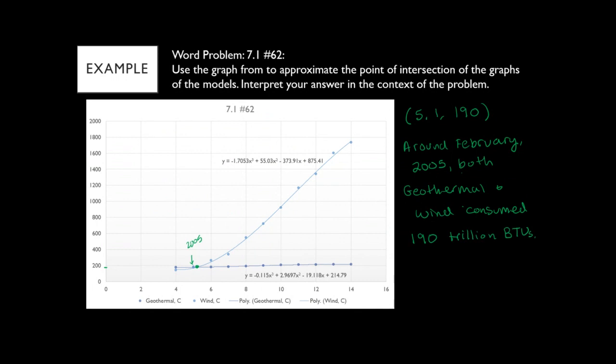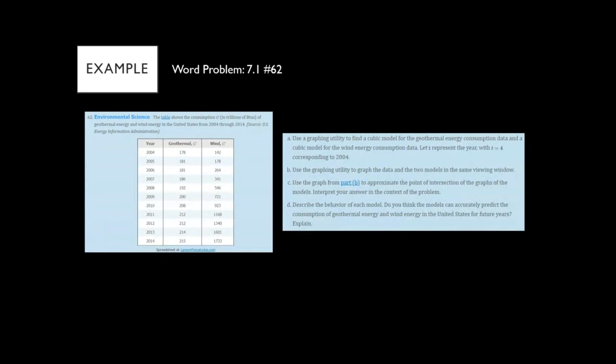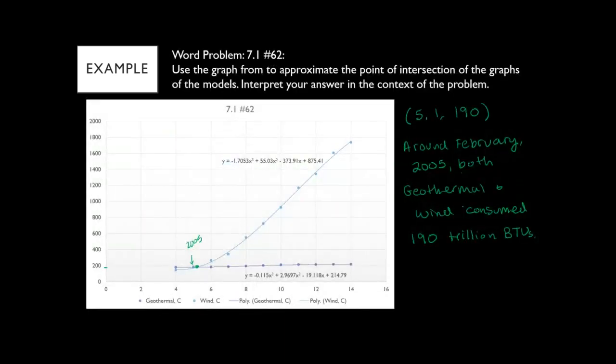Now part D said describe the behavior of each model, which is basically, okay, you're looking at it, they increase. One is increasing faster than the other. Do you think the models can accurately predict the consumption of geothermal energy and wind energy in the United States? That's an opinion. There's no right or wrong answer to that.